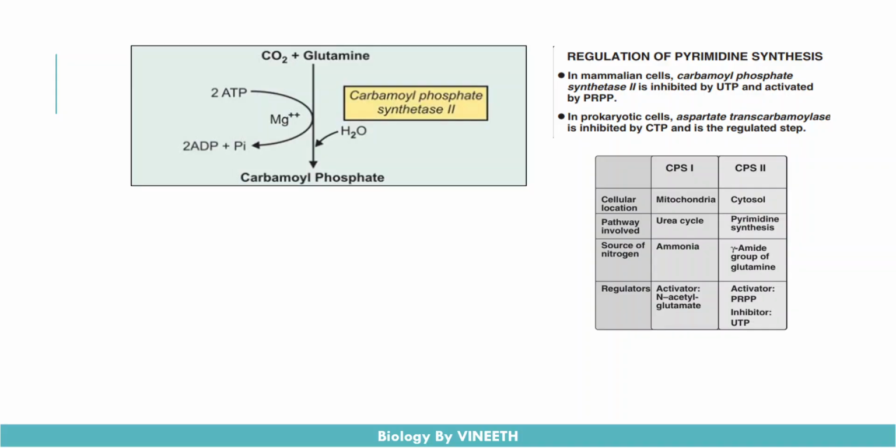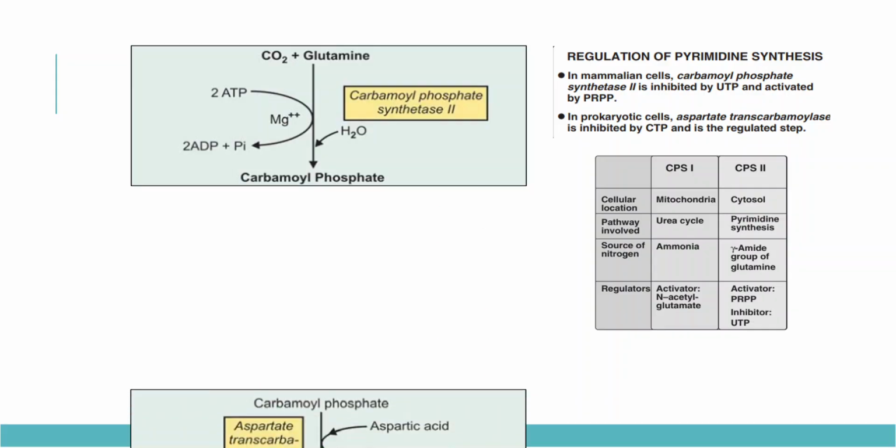This kind of product inhibition is known as negative feedback regulation, and it is done by the nucleotides themselves. This pathway is activated by the PRPP. In the case of prokaryotic cells, this pathway is inhibited by the CTP.